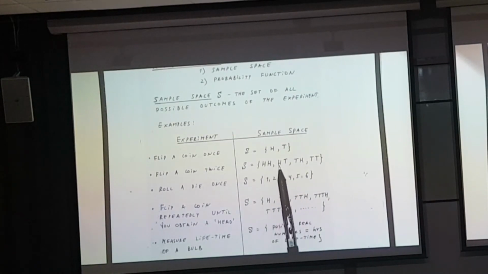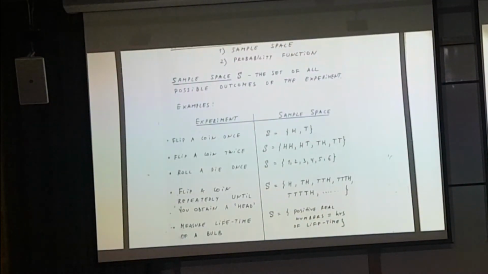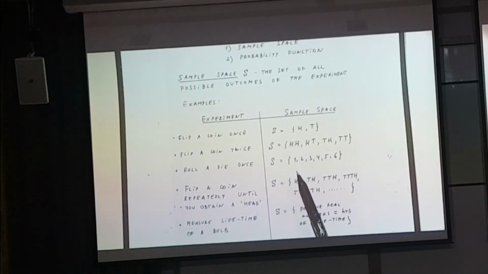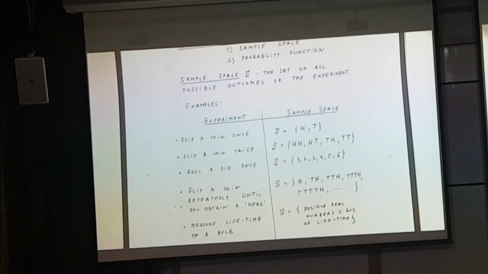So you have four ordered pairs of elements from the first set, so that's HH, HT, TH and TT. That's the Cartesian product, actually, we introduced when we talked about set theory. If you roll a die once, then the possible outcomes are integers from 1 to 6. So the sample space contains 6 integers corresponding to 6 possible outcomes.